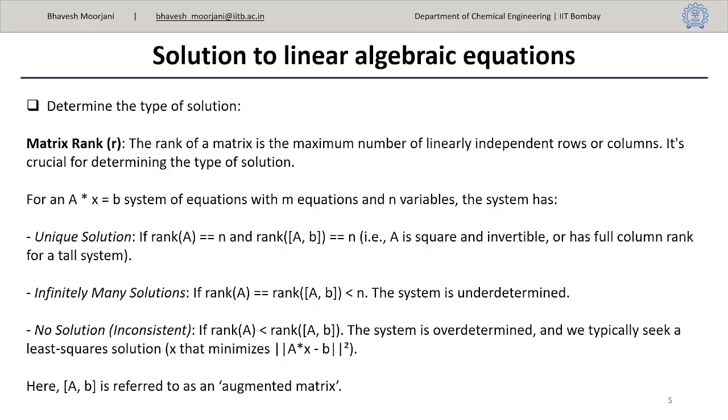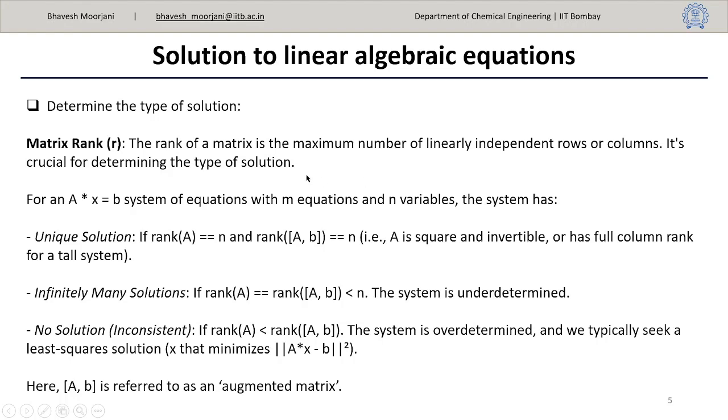Now, before we go to the solution part, let's briefly recall the various nomenclature when we solve this system of linear algebraic equations and how the solution will look. If you remember, the matrix rank is the maximum number of linearly independent rows or columns, right?